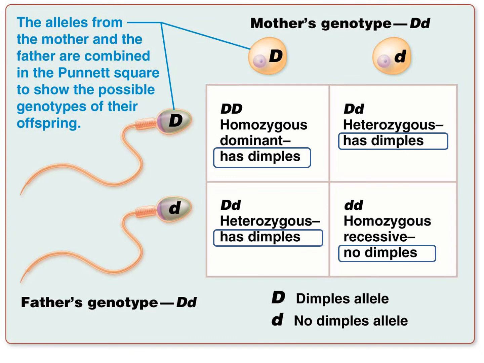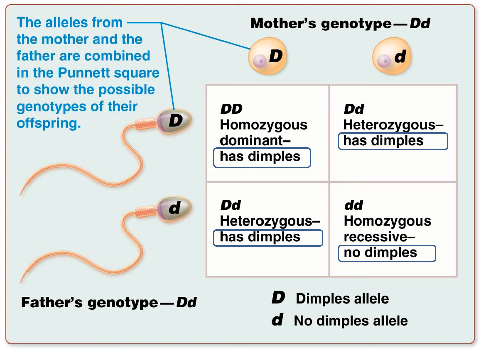Okay, so here I've circled the phenotypes in the Punnett Square box. So we said that big D big D has dimples, big D little d has dimples, but only little d little d, that's homozygous recessive, has no dimples. This again shows a complete dominant-recessive control of the alleles.